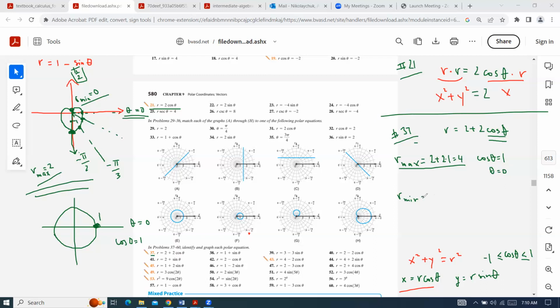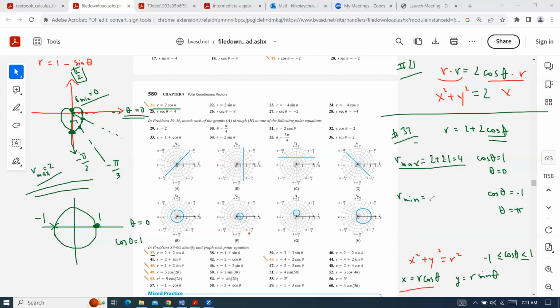So when do we have a minimum? Well, we have the minimum when cosine of theta is -1, right? So cosine is -1 at that point on the circle. So that's for the angle equal to pi. So when theta is pi, we have the minimum.